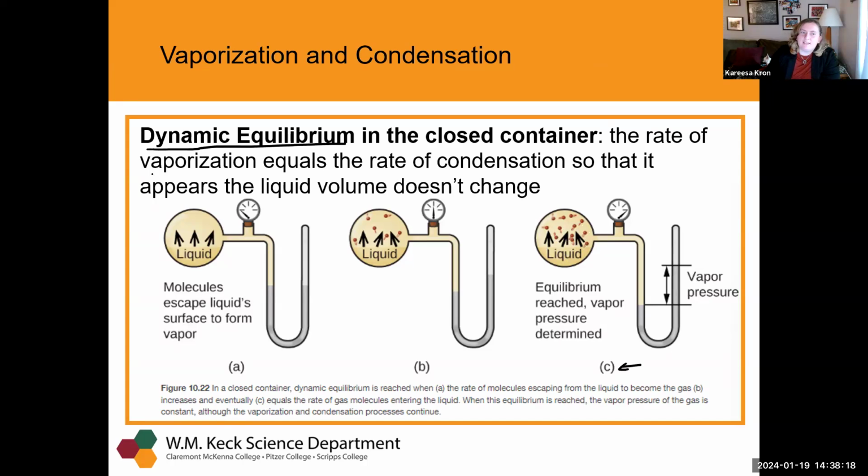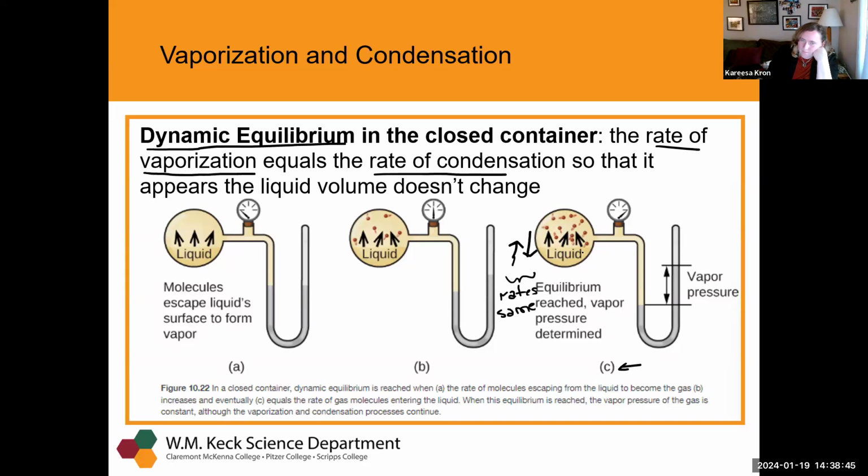Instead, at this equilibrium point, the rate of vaporization is equal to the rate of condensation. So the amount leaving the liquid to become a gas and the amount leaving the gas to become a liquid are equal. These rates are the same.